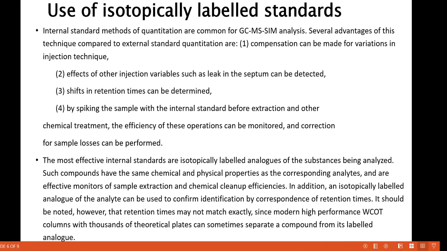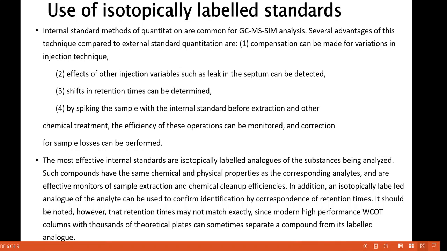Then we see the next point, that is the use of isotopically labeled standard. Internal standard methods of quantitation are common for GC-MS SIM analysis. Compared with the external standard quantitation, this technique shows the following advantages.